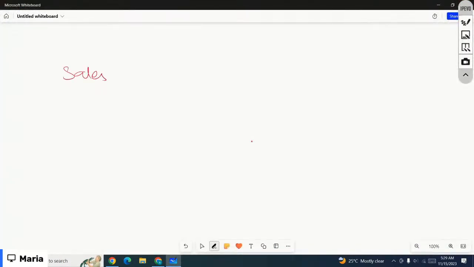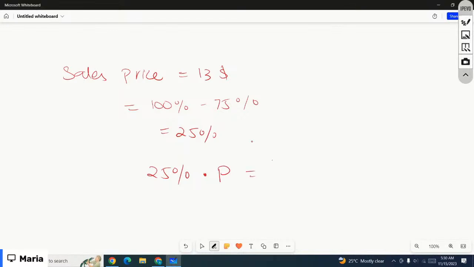Okay, sales price is $13. 100% minus 75% equals, that means the amount paid is just 25%, right? So just form a proportion. It would be 25% times the original value equals 13.